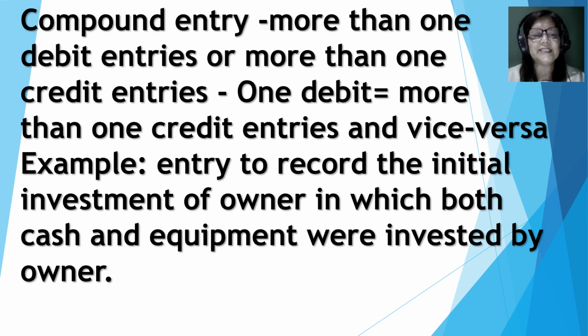Entry to record the initial investment of owner in which both cash and equipment were invested by the owner. So, in this case, we have two debits and one credit. What are they? We have cash and we have equipment as assets, and the owner's equity, it is only one account. So two accounts for debit and one account for credit.